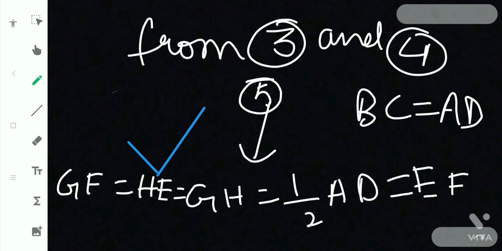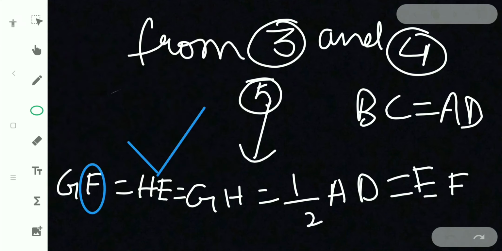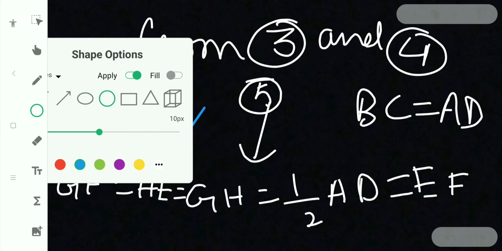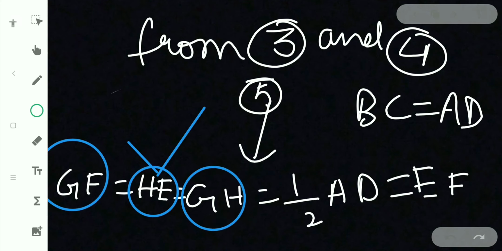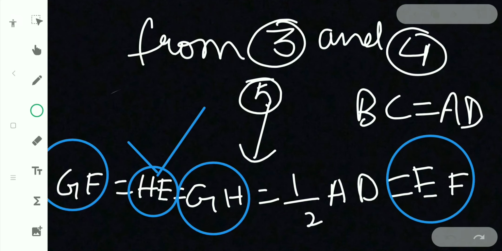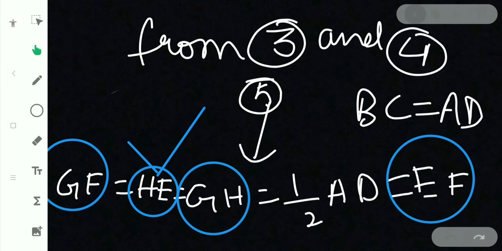Now here we are having GF, just carefully observe, GF is equal to HE is equal to GH is equal to EF. Now what are these actually? These are the sides of this quadrilateral and they are all equal.